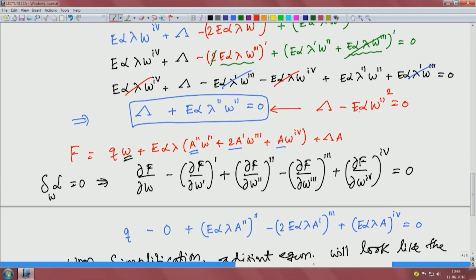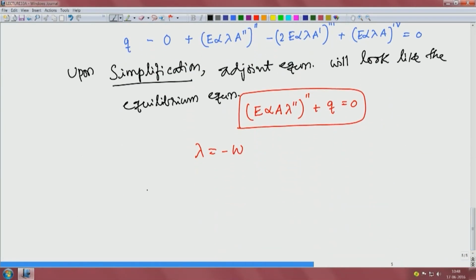Now, what we get here again is that lambda is equal to E alpha w double prime square. What does it mean? Lambda and E alpha are constant. So, w double prime should be constant. That means that it is not a function of x.